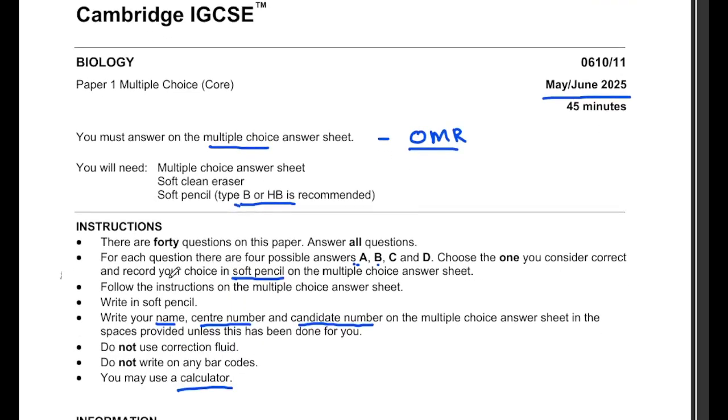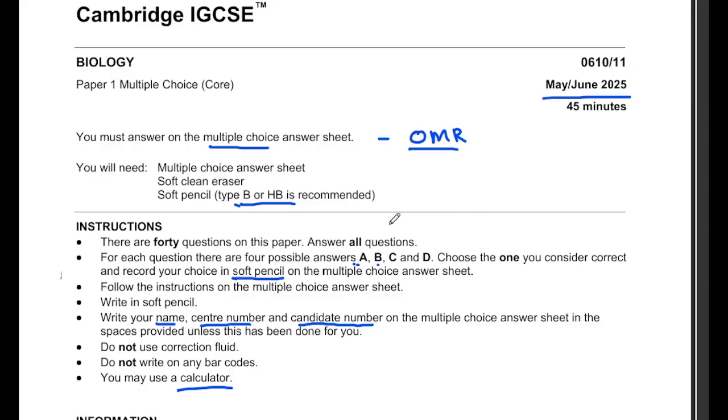Please remember students, you will get a question paper, along with that you will get an OMR sheet. On the OMR sheet, your name will already be printed, and the candidate number as well as the center number will be there. But do check it once again, cross check that your name is proper according to the statement of marks.